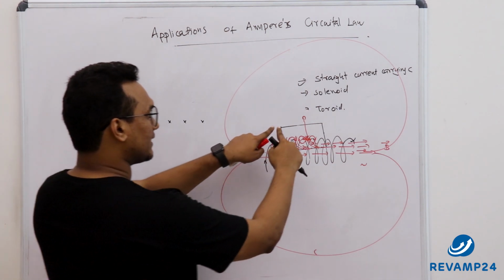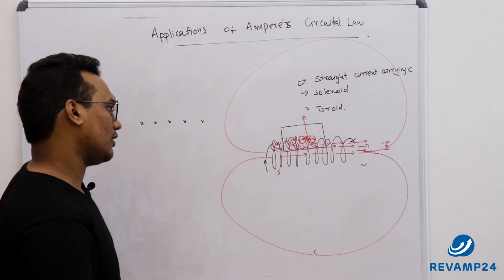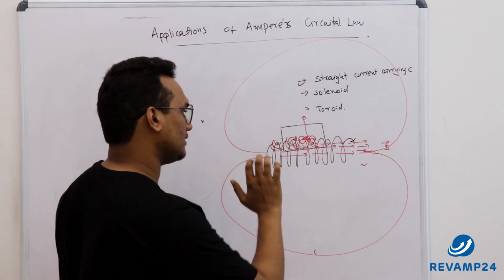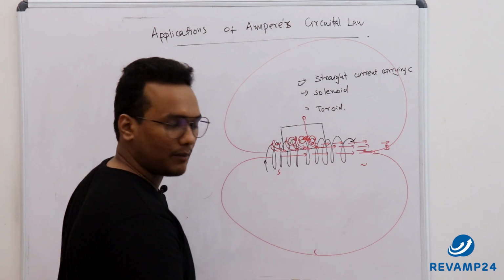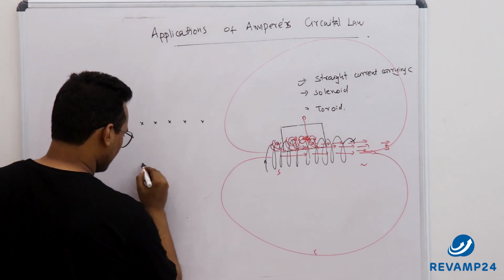Now I am going to consider an Amperian loop here. First thing we will check is whether it is an Amperian loop. First condition, there should be current passing through the loop. Now see, this is the loop we are considering.